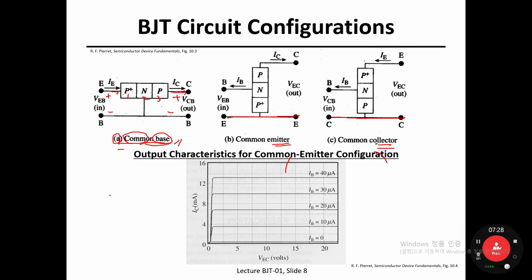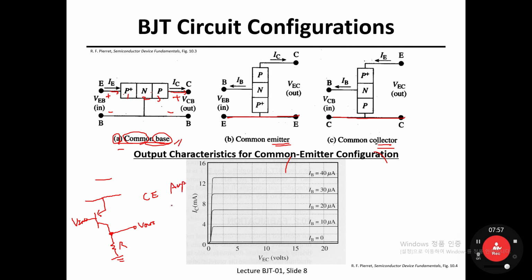If I draw the circuit symbol, this is a PNP BJT. If I'm using a common emitter, this would be the input node, and that would be the output node. If I connect a resistor, then this would be the common emitter amplifier.